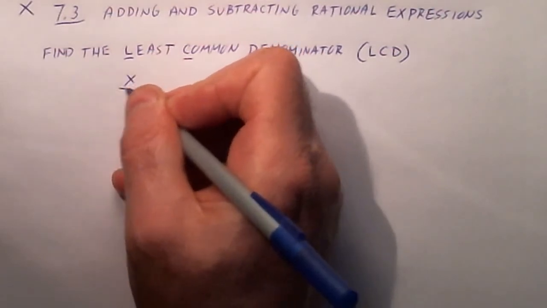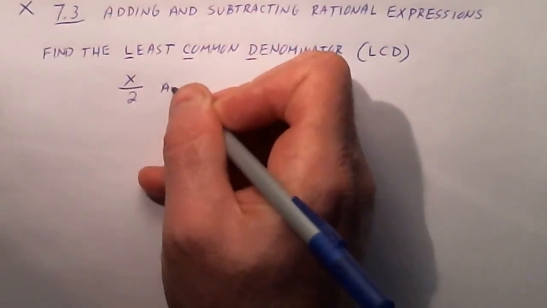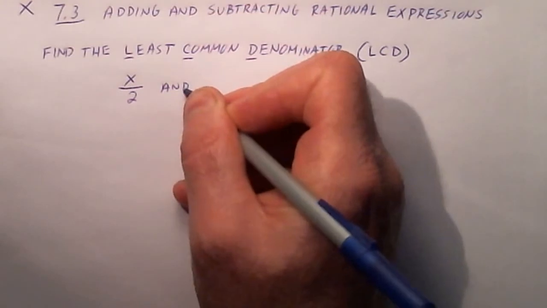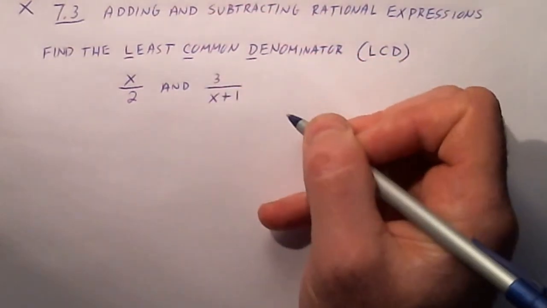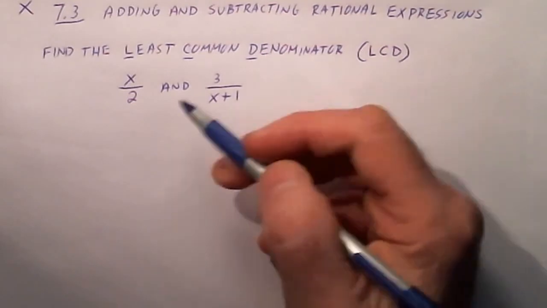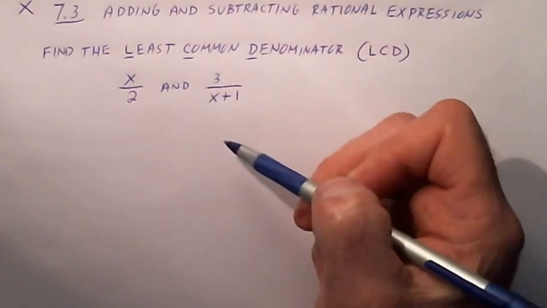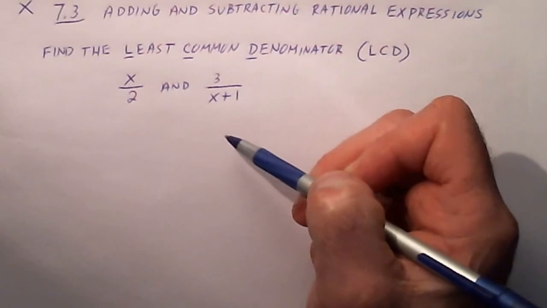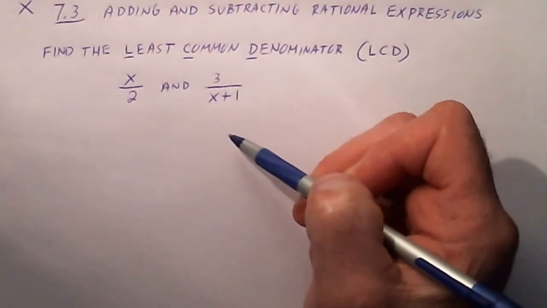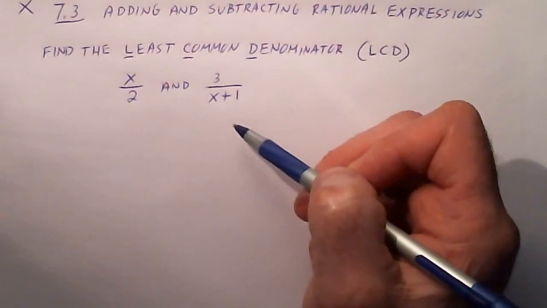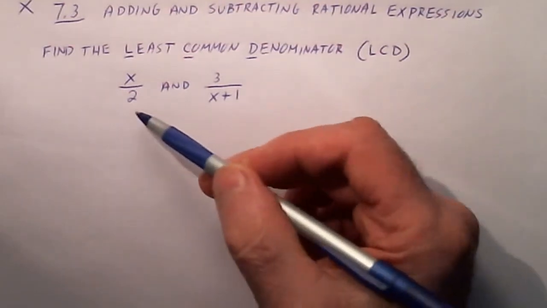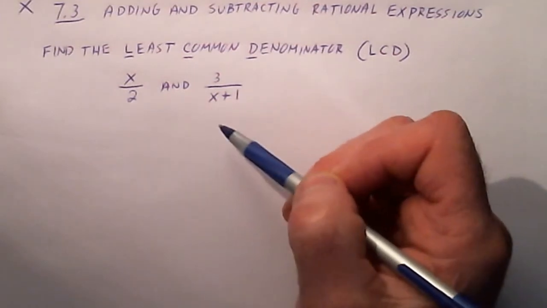Suppose I give you two rational expressions, x over 2 and 3 over x plus 1. Now, what would be the least common denominator of both these denominators here? Well, the least common denominator must contain the greatest number of factors that appear in each of the separate denominators.